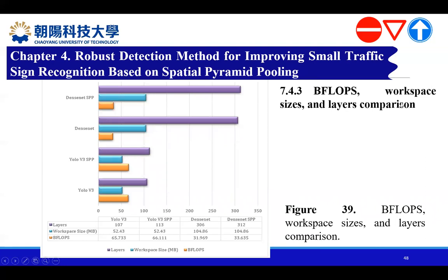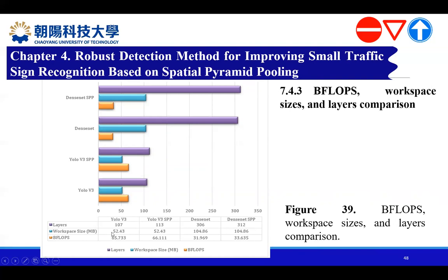How about the BFLOPS, workspace size, and layers comparison? We also did the analysis of the BFLOPS, workspace size, and layer comparison. Here, we can see that YOLO-V3 only has 107 layers, YOLO-V3 SPP 113 layers, Densenet a big number of layers, 306, and Densenet SPP 312 layers.